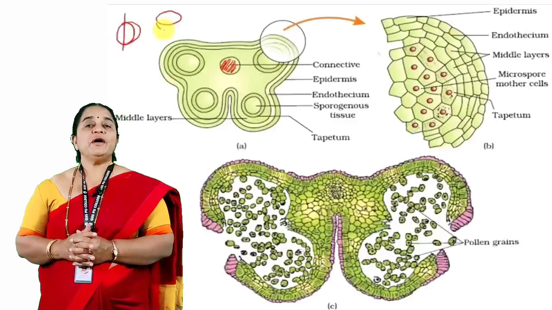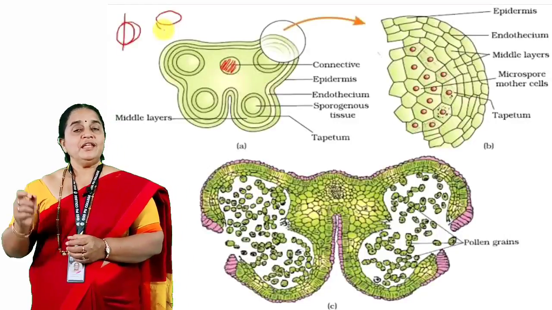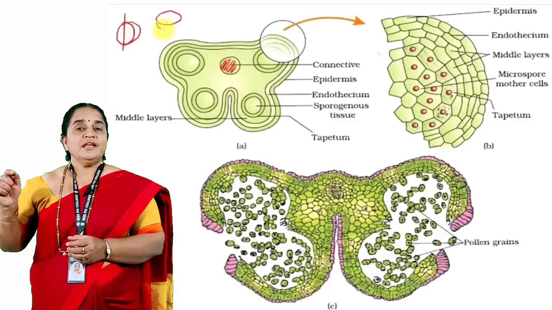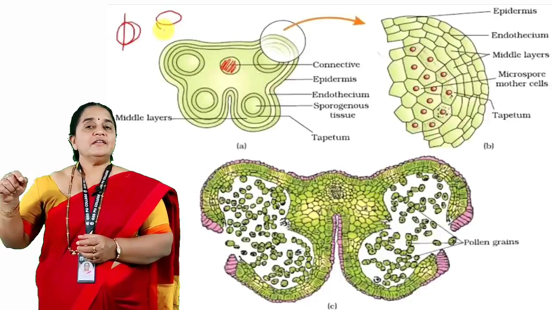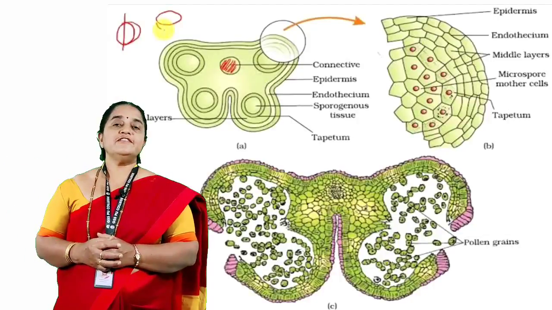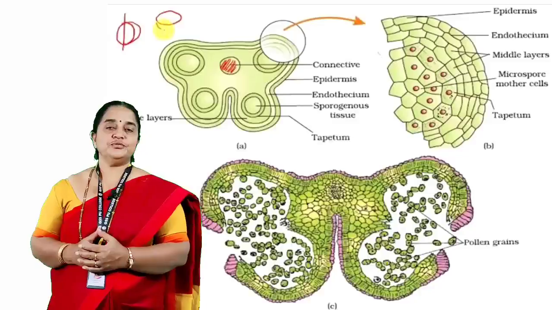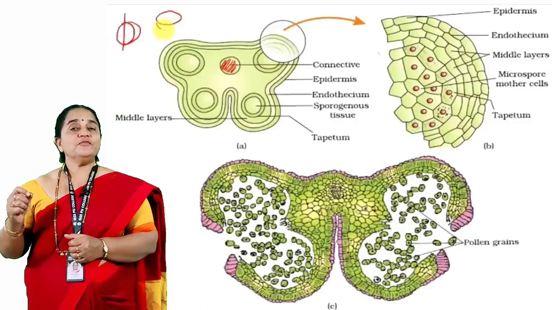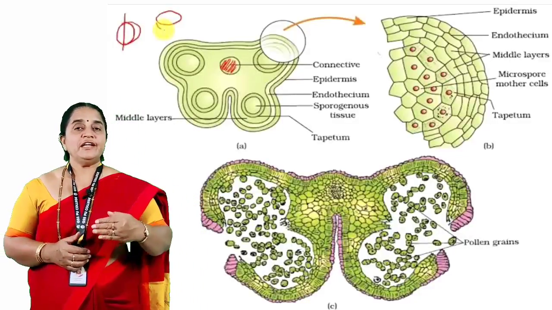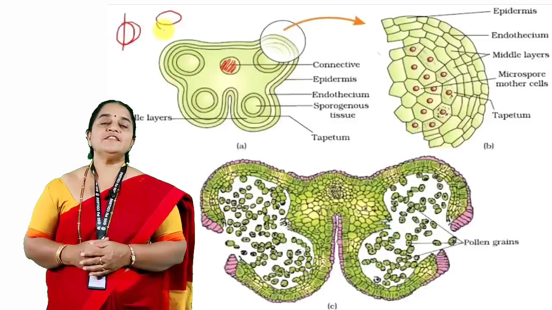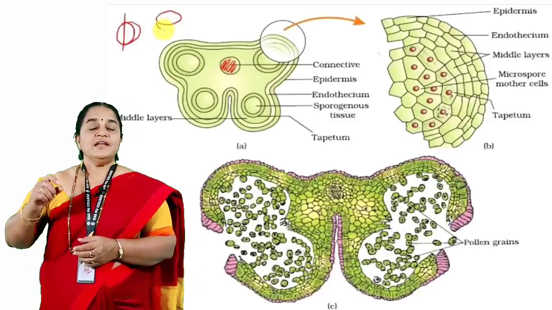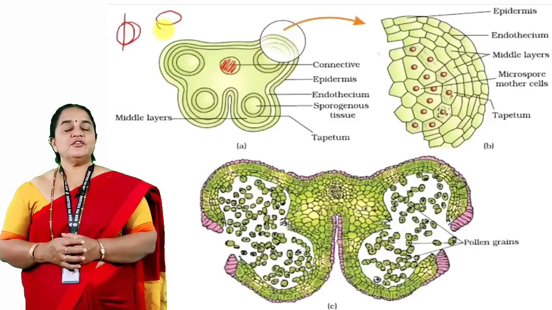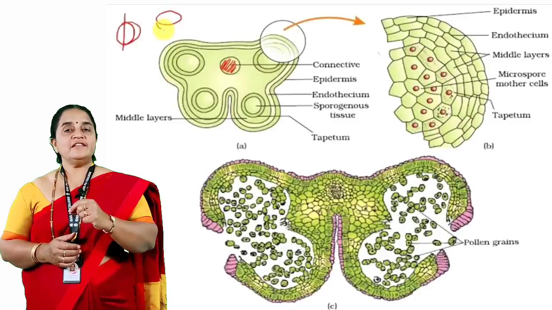Let us come to the microsporangium now. In young condition, it is filled with undifferentiated cells forming sporogenous tissue. The cells from sporogenous tissue, when they differentiate, we call archisporial cells. When it becomes mature, they are known as pollen mother cells.